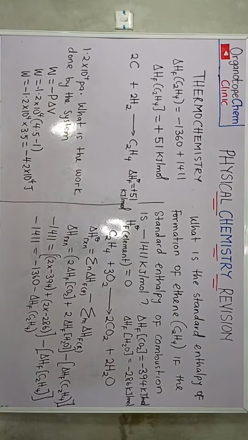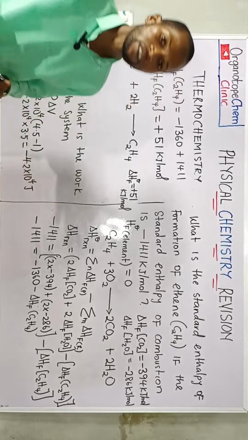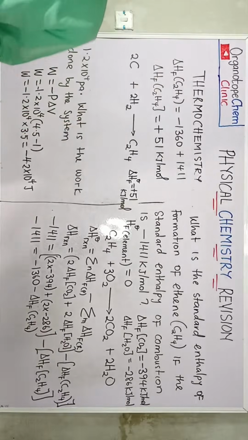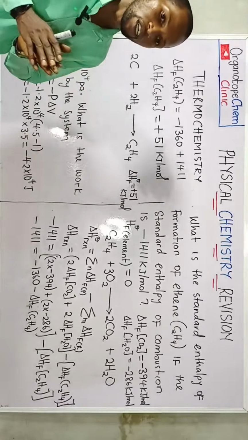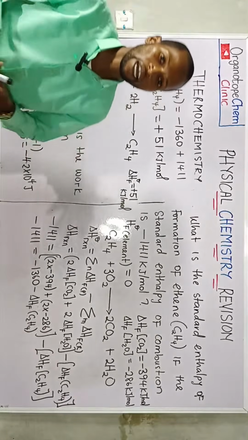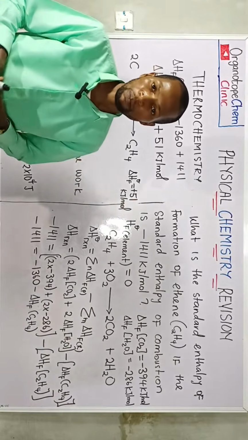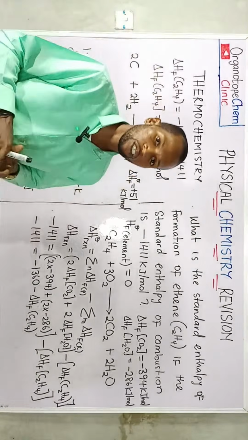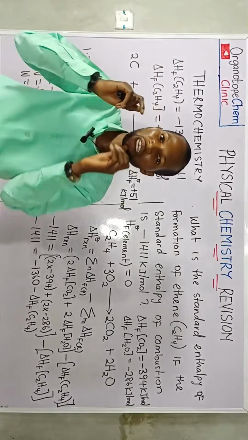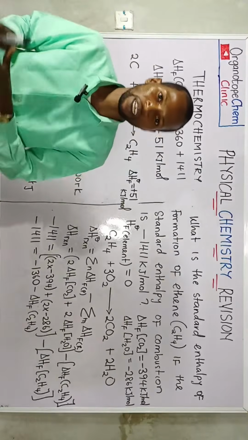So the next thing we need to consider is the second law of thermodynamics. The second law of thermodynamics states that a spontaneous change occurs in the direction in which there is an increase in total entropy of a system.